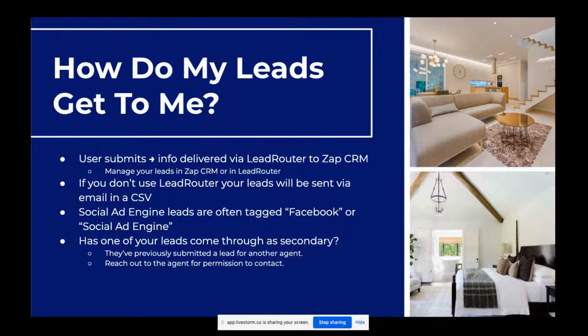And if one of your leads comes through as secondary, that basically means that the user has previously submitted a lead for another agent. You can reach out to the agent for permission to contact, though. And it really is that simple. And if you have any questions about this process at all, you're welcome to reach out to our help desk, and they can help guide you through that process.